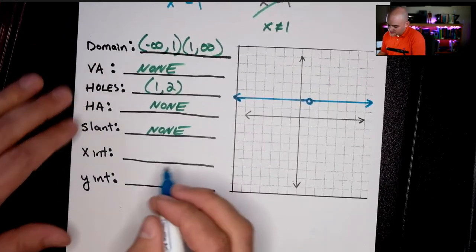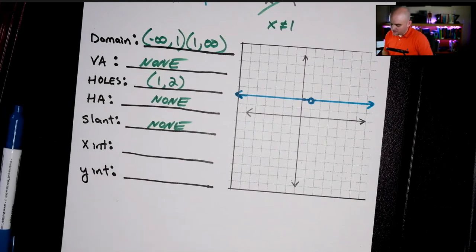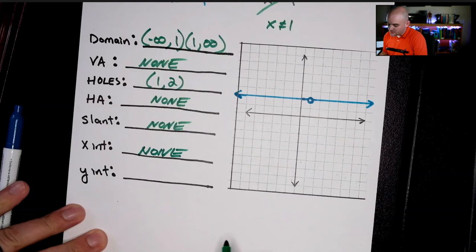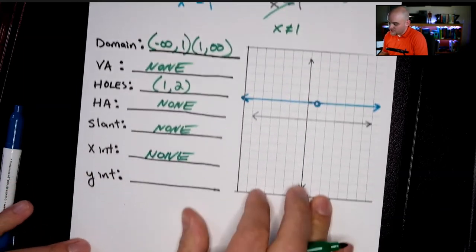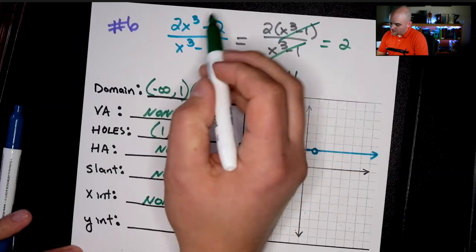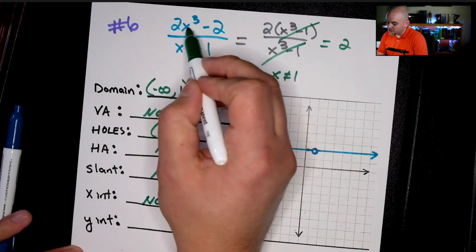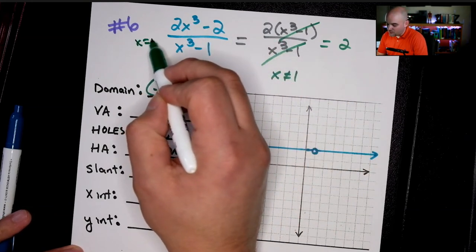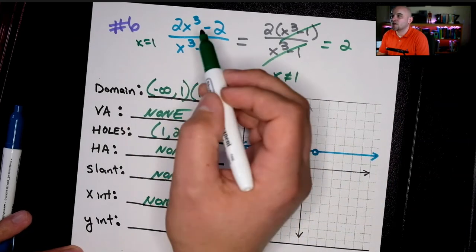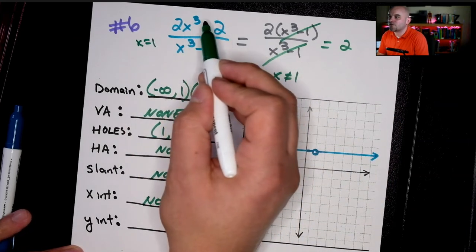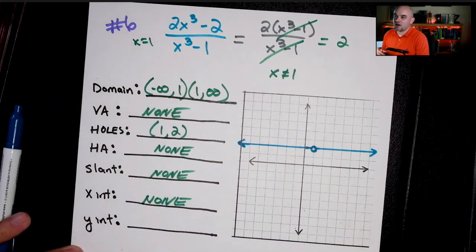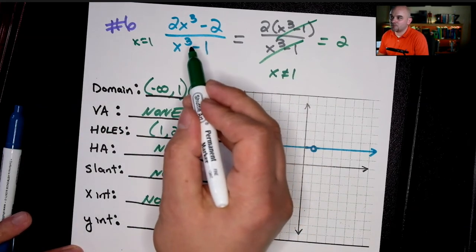So what's the x-intercept? There is none, right? In fact, you could test that out. The x-intercept happens when y equals 0. So when does 2x cubed minus 2 equal 0? Well, that's when x equals 1. But just like we discovered on the other one, if I put 1 in here, that's fine, but what's not fine is that in the domain we threw out x equaling 1 because it makes the bottom 0.